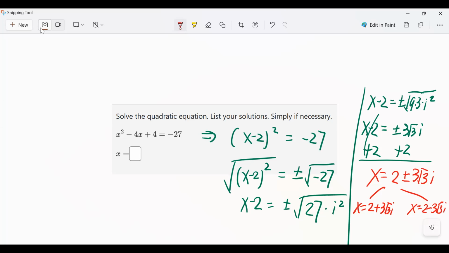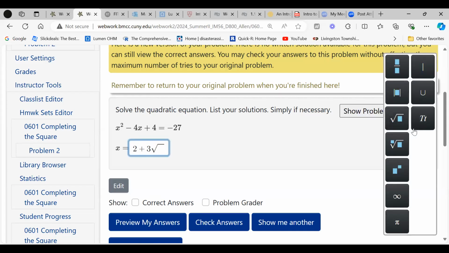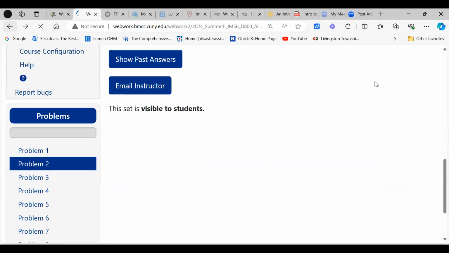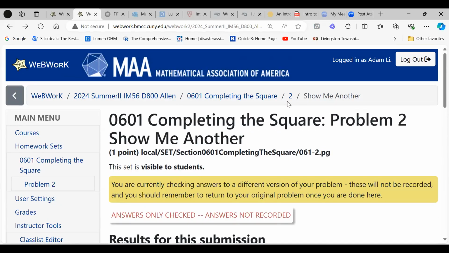Any questions? 2 plus 3 radical 3 i. The other one is 2 minus 3 radical 3 i. Okay, so that's a complex solution. Let's go back. Yeah, that's the correct answer.